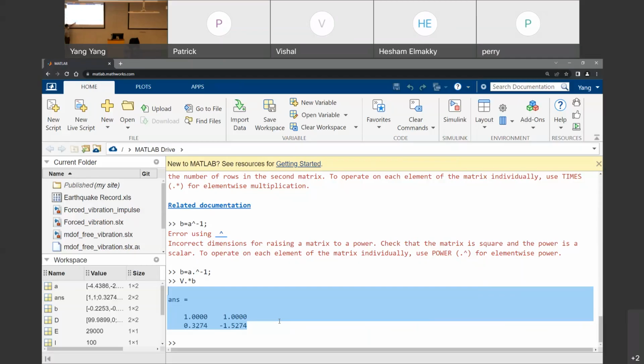So this is a normalized mode shape, and the top one is non-normalized. You can use either normalized or non-normalized mode shapes. That will not affect your final results. So in the exam, either way you will get the correct answer.